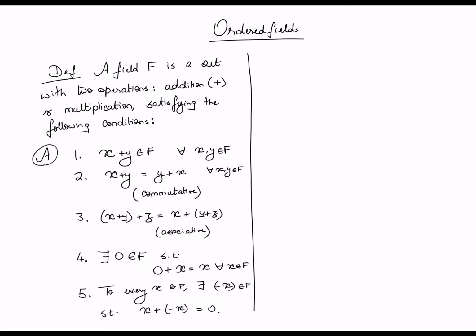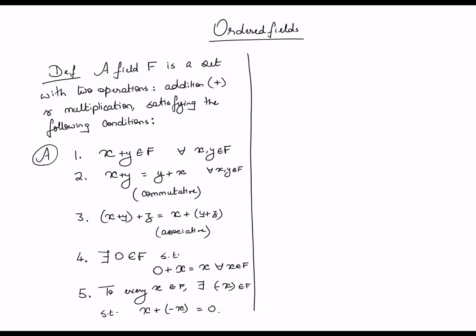Okay, so the properties that addition is supposed to satisfy are fairly straightforward. Firstly, the addition of any two elements must also be an element of the field. The operation is symmetric, namely that x plus y is the same as y plus x. The operation is associative, which tells you that the order in which you perform addition is irrelevant.